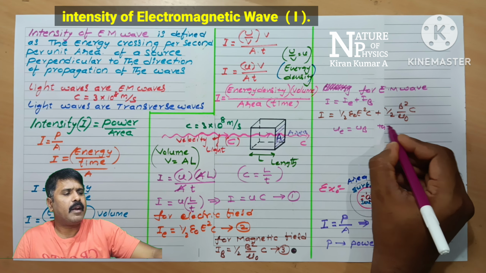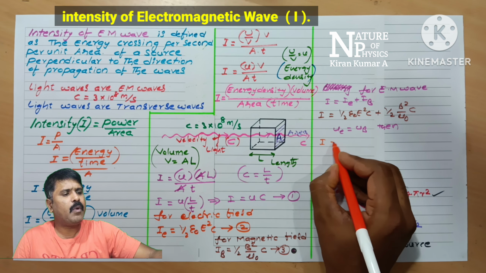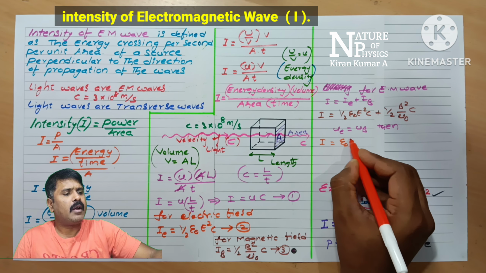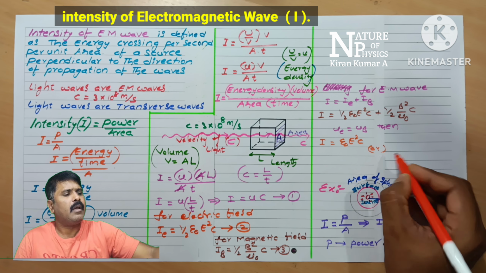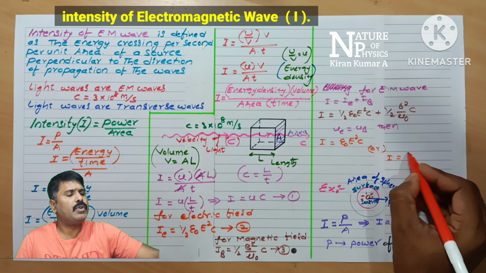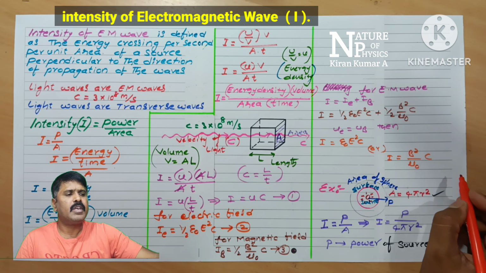Then I can write I equal to epsilon naught E square times C, otherwise I equal to B square divided by mu naught times C.